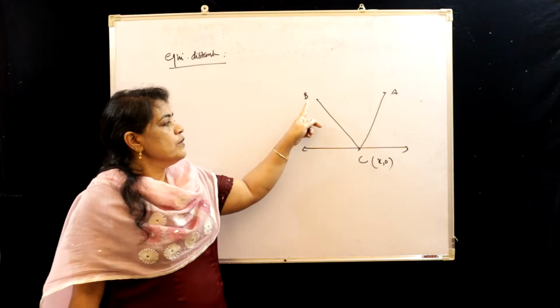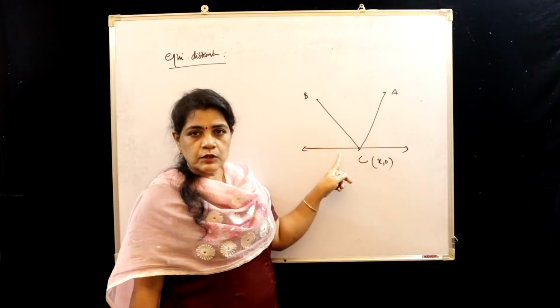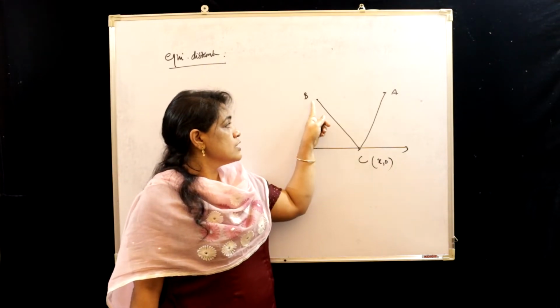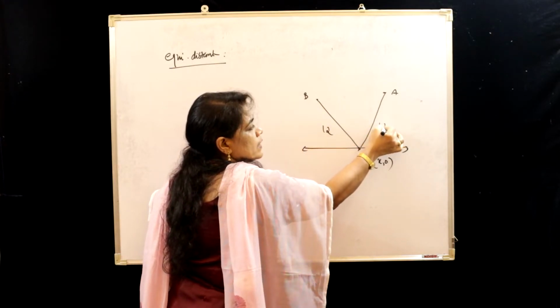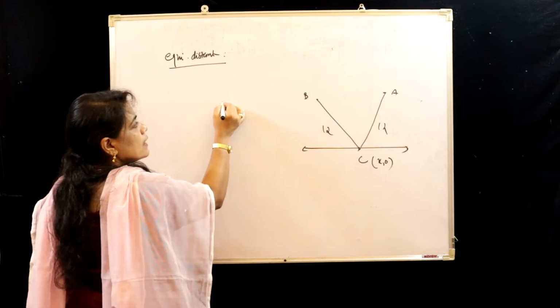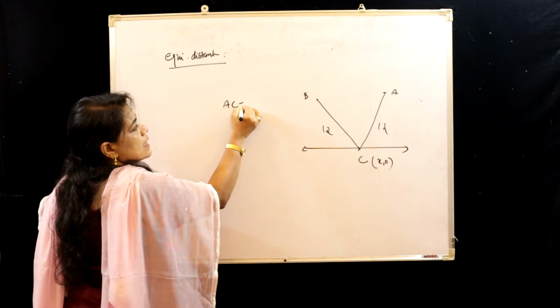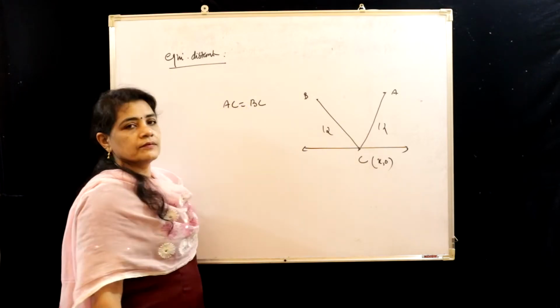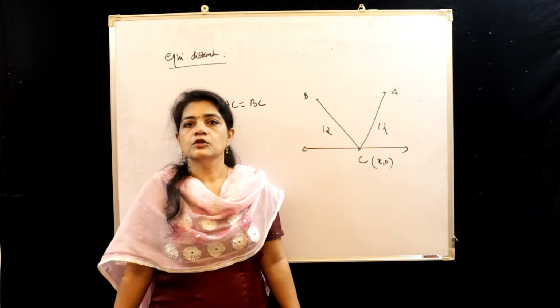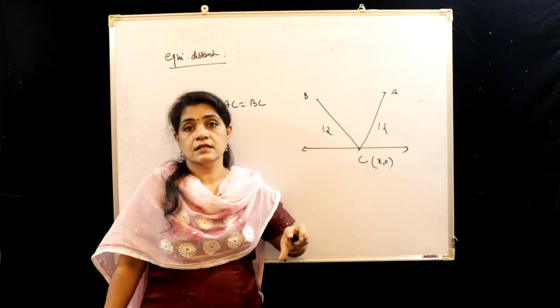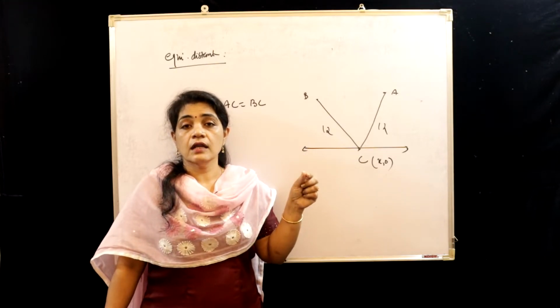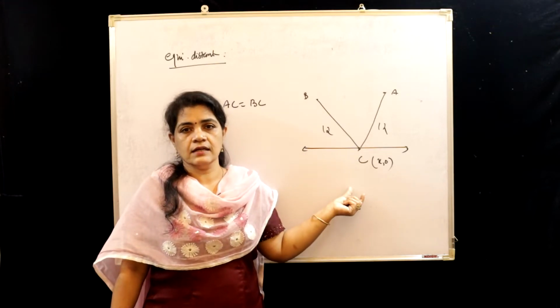See, if you are given that the distance of this point from the x-axis is 12 units, and they are equal, that means you can write AC equal to BC. This distance is equal to this distance, that is the concept. Two points are equidistant from the x-axis.